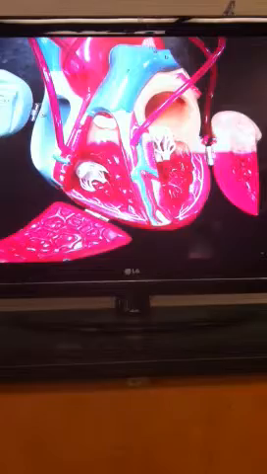All right? Now, we're going to play with this a little bit more. Everybody ready? I'm going to slide down and look at the top part of the heart. Coming off the aorta, the first vessel is going to be the brachiocephalic artery.